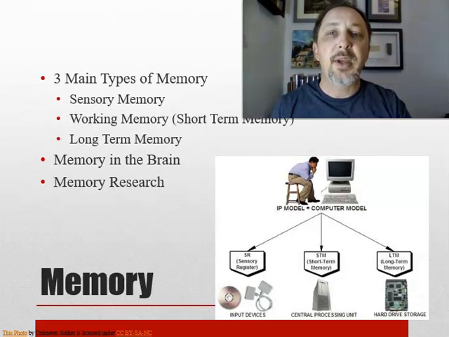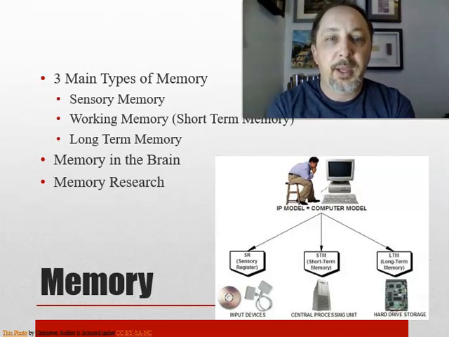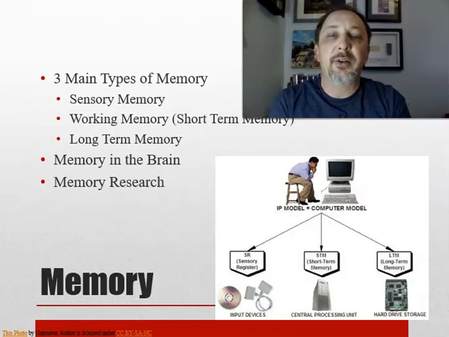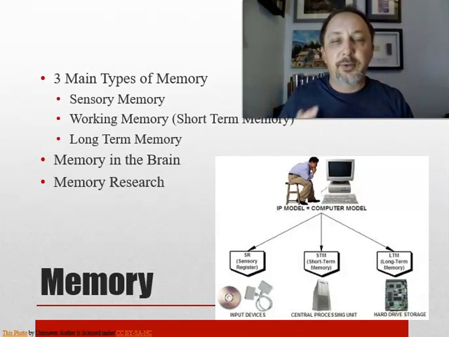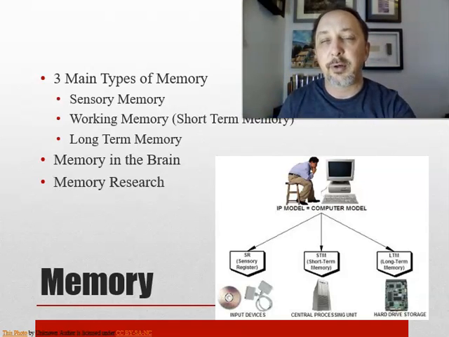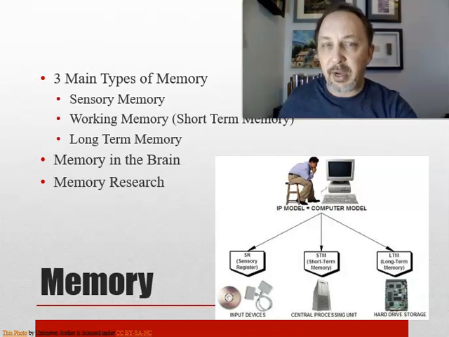Well, the three main types of memory we discuss are sensory, working, and long-term. And these relate to what we call the computer model of memory. As we know, cognitive science is heavily connected to the computer metaphor for mind.